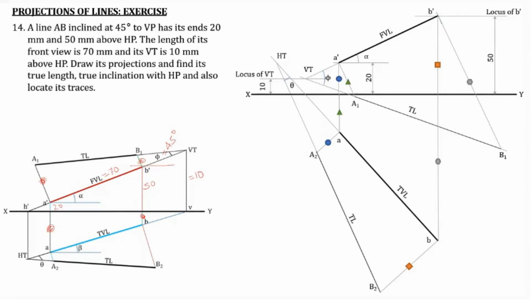Now alpha is also to be marked and beta also to be marked. Then finally all these values are written in the rectangular box. That's it. So let us see once more.